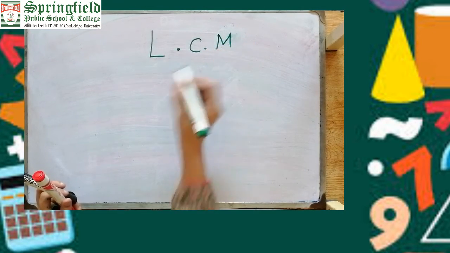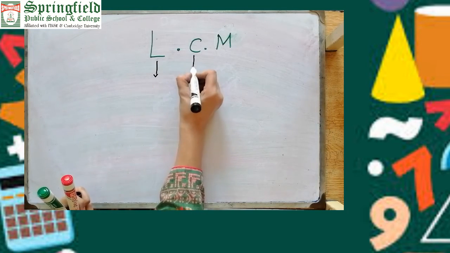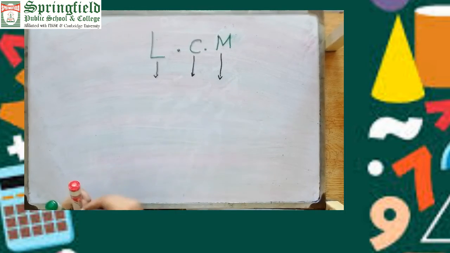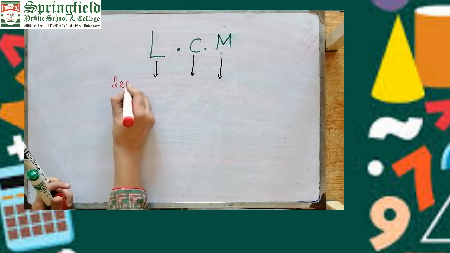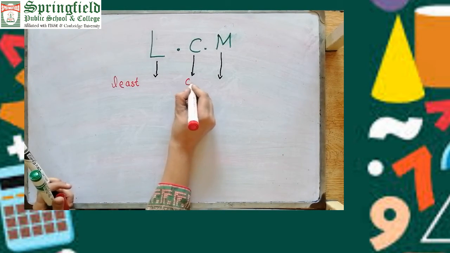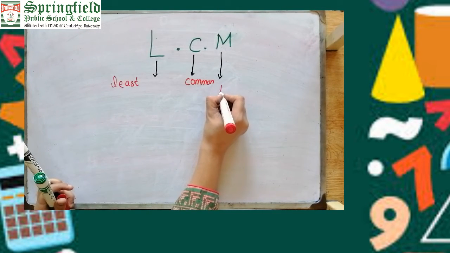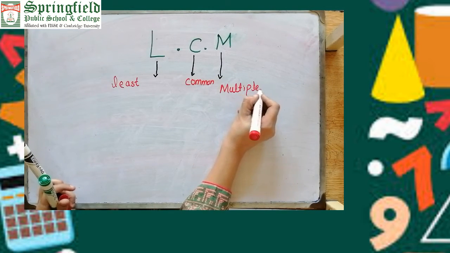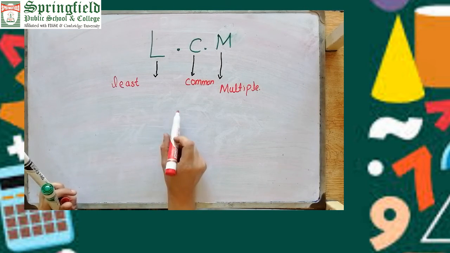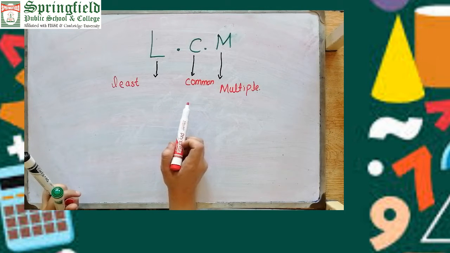L means least, C means common, and M means multiple. It means now we will learn about the LCM, least common multiple, that is how we can find the LCM of two or more numbers.